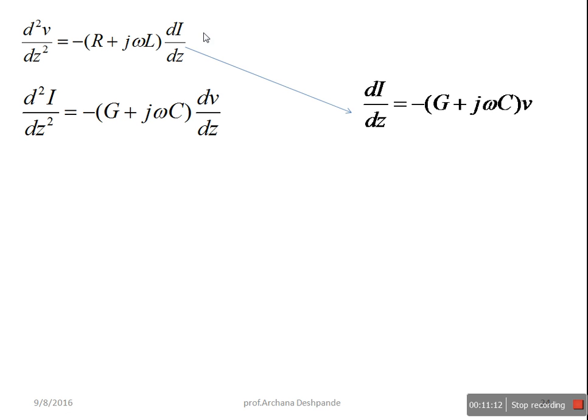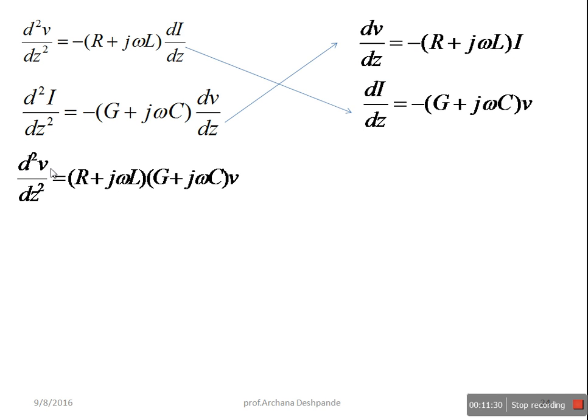Now dI by dz is equal to minus (g plus j omega C) into V, as we obtained from the previous slide, and dV by dz is this value, which was also obtained on the previous slide. If I substitute these two values here, I get my next equation: d square V by dz square is equal to (r plus j omega L) into (g plus j omega C) into V. Similarly, I get the equation for current.